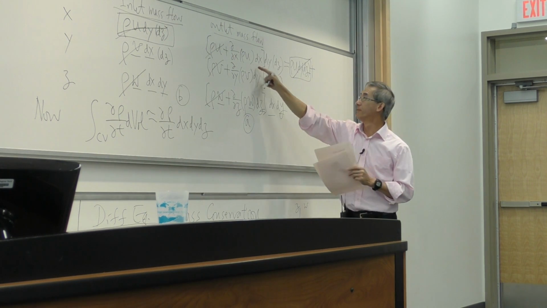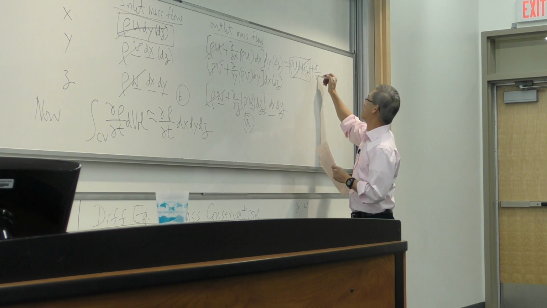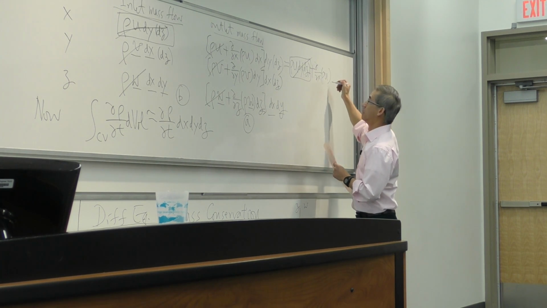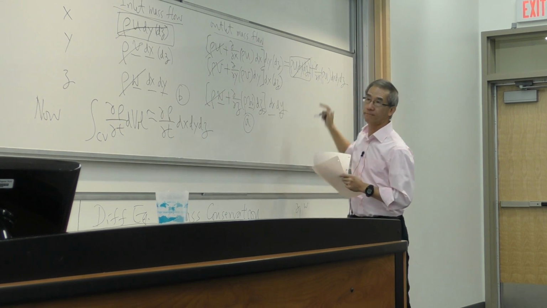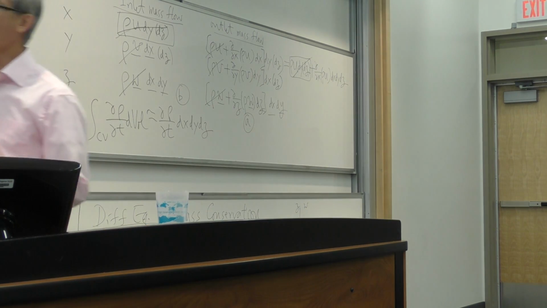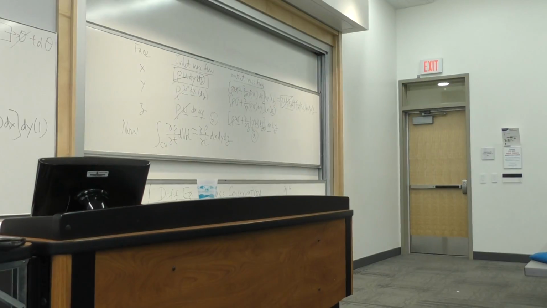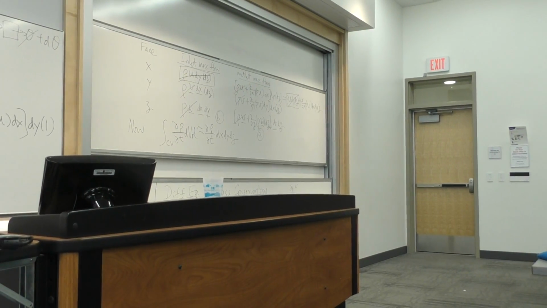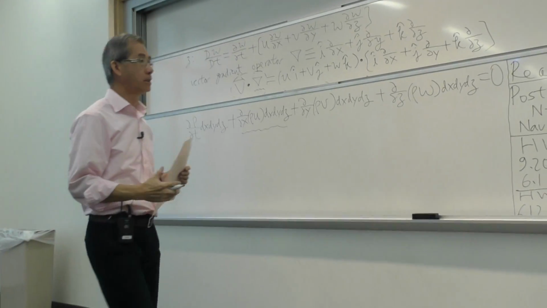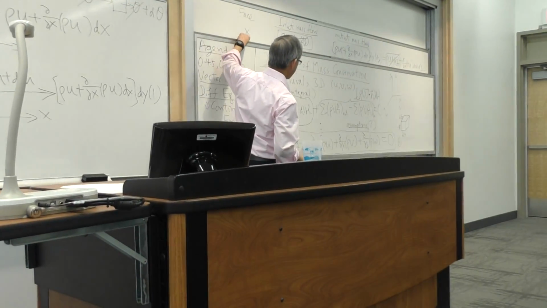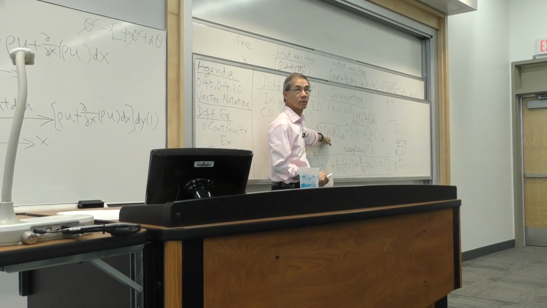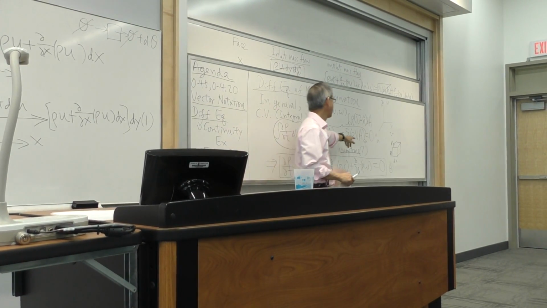And what's left? What's left is now my term here. So I'm taking my outlet mass flow rate as dictated by control volume continuity, out minus in.